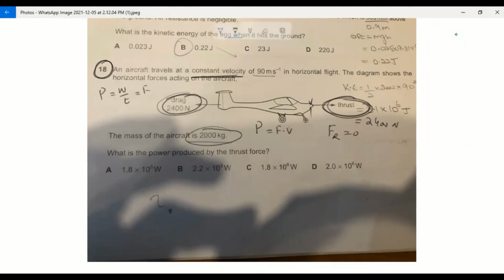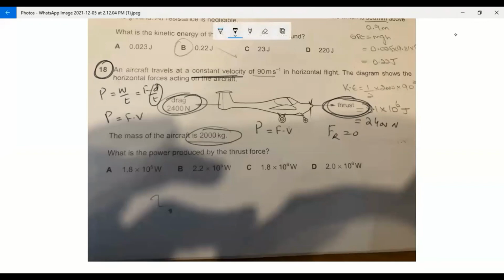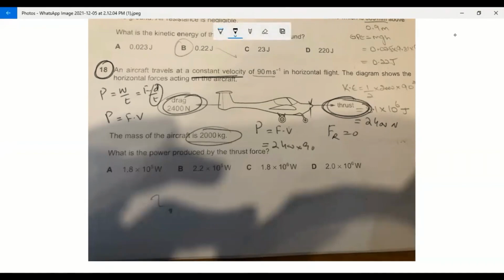Work is F into d. So divided by t, this d divided by t is speed. So power is force into speed. So the force of the thrust is 2400 and the speed, velocity is 90. So after calculation, 2400 times 90, answer is coming B.